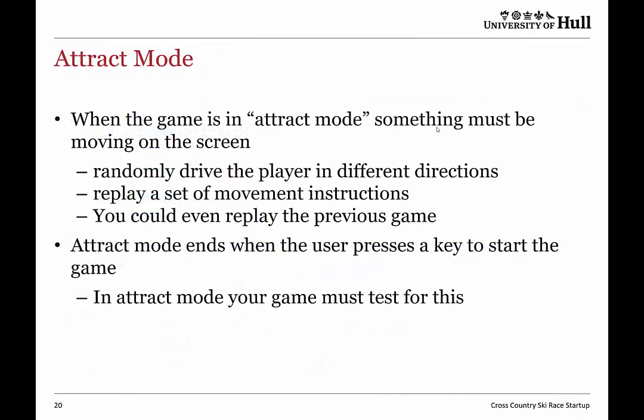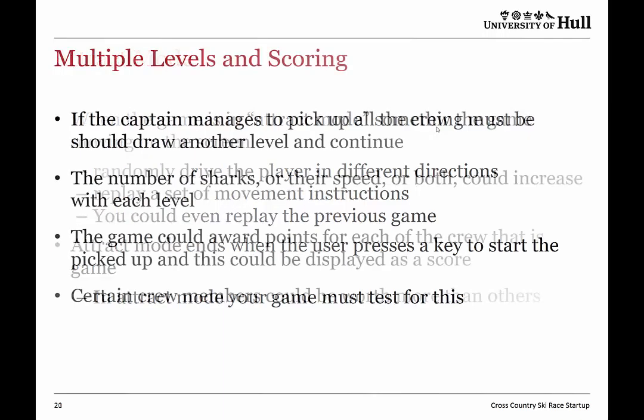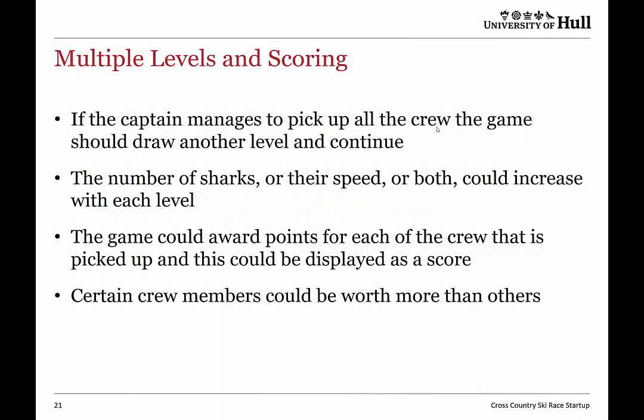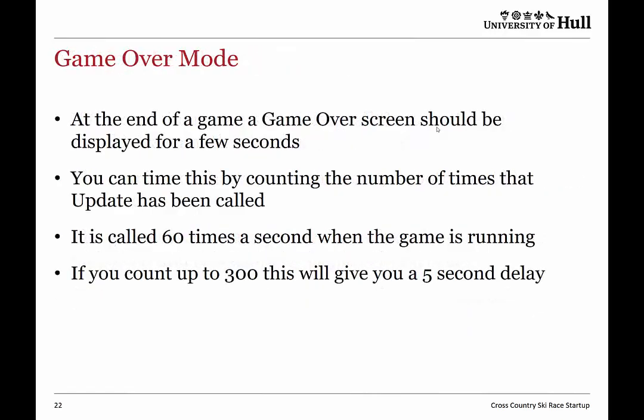Okay. Attract mode. In attract mode you could randomly drive the player around the place, or generally just have a bunch of flags spinning past. When they press the key to start the game, it flips from attract mode into gameplay mode, and then away you go from there. That's the wrong slide, I apologise. I'll take that out.